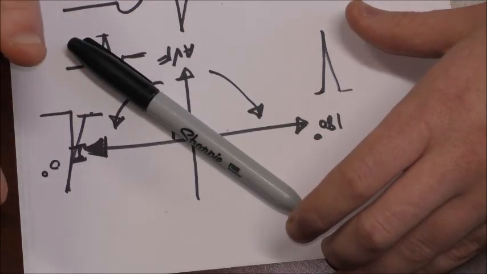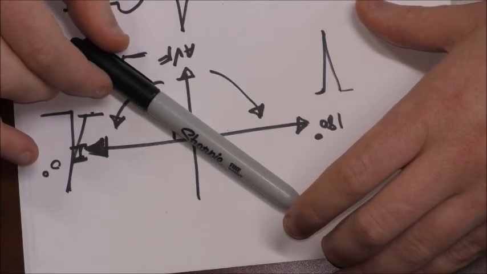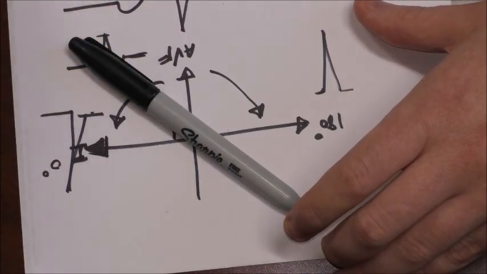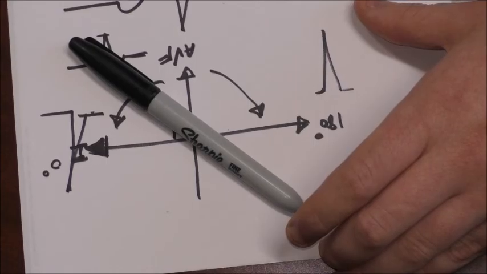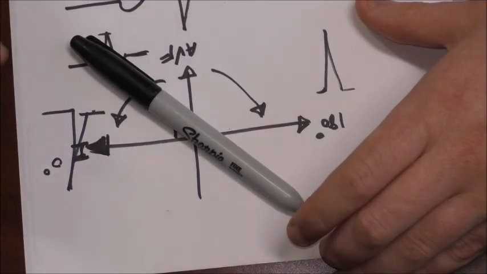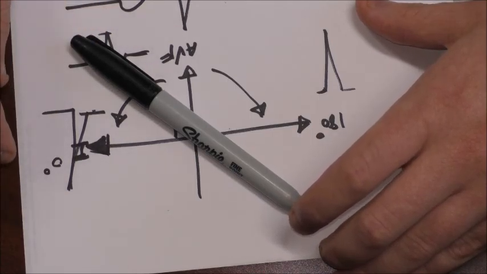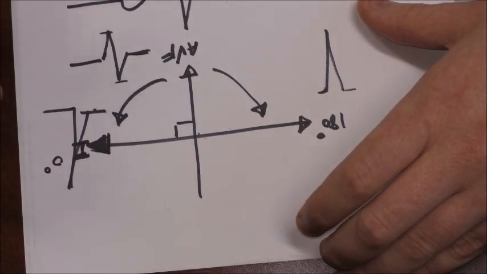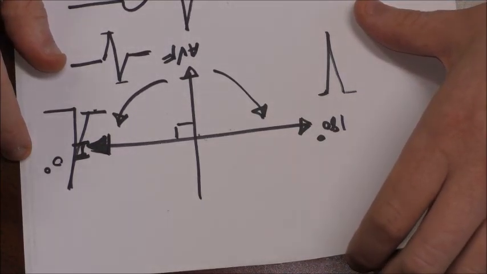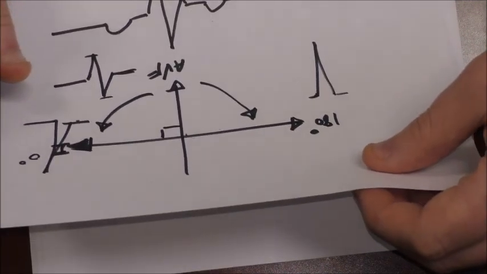And you say, okay, well, where would I see that most prominently? Well, since we know that P waves represent atrial depolarization, then it would make sense that the leads that are looking at the left atrium would seem to have a higher amplitude. And that's the basics of axis.